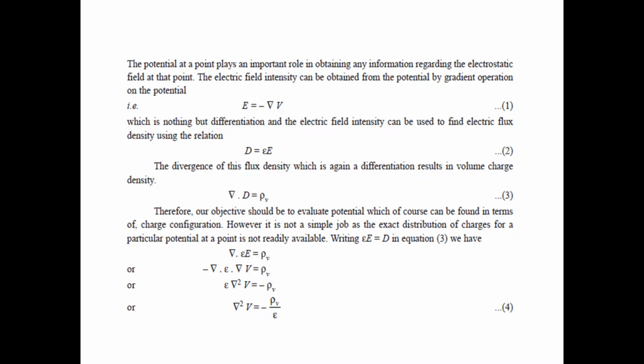So coming back to our basics, the potential at a point plays an important role in obtaining any information regarding the electrostatic field at that point. Potential is nothing but the voltage. The electric field intensity can be obtained from the potential by the gradient or del operator.